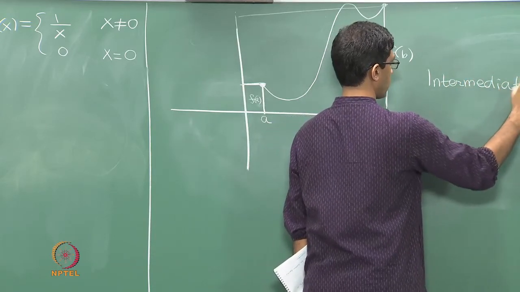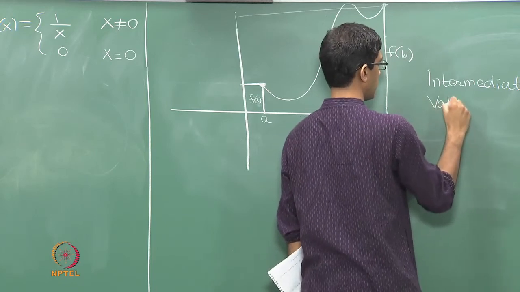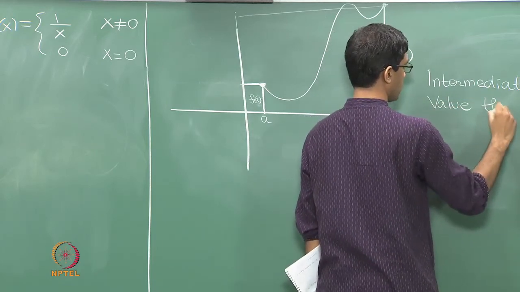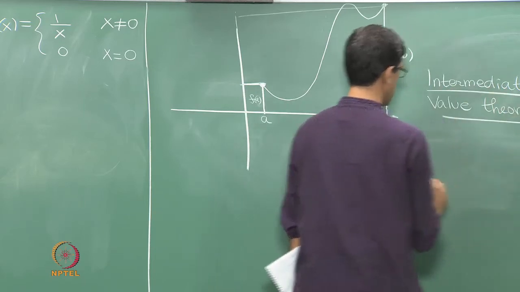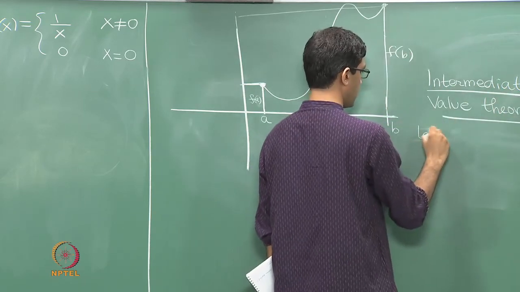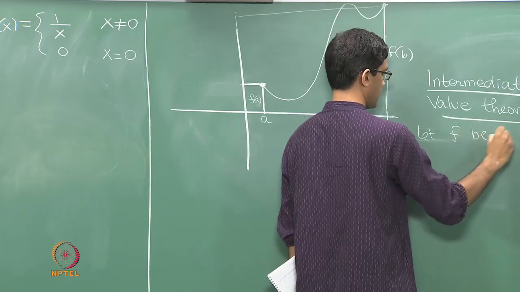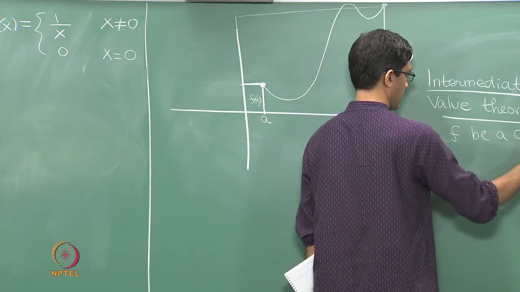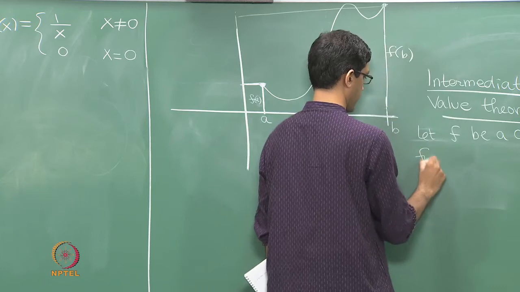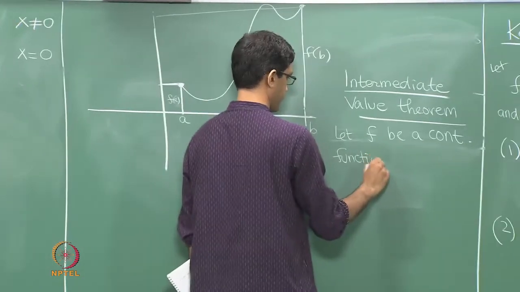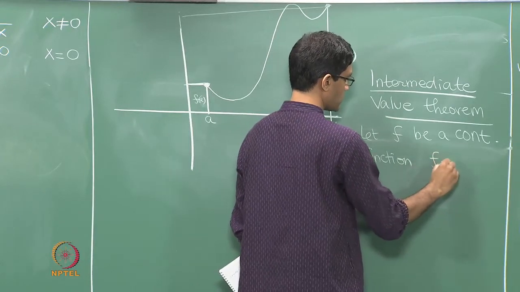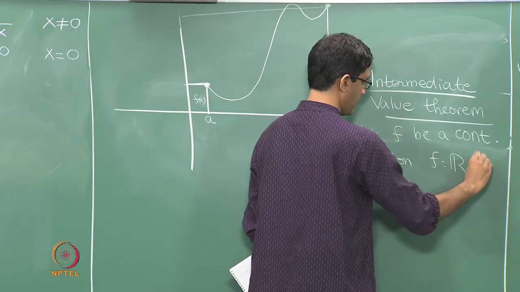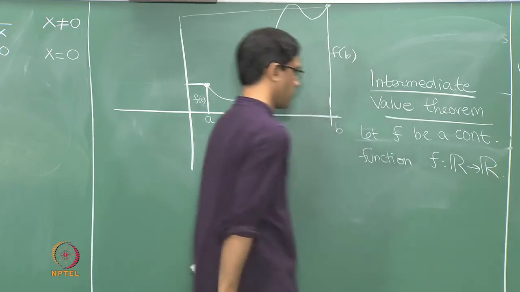So let me formulate this. It's called the intermediate value theorem. It says that, let f be a continuous function from the real numbers to the real numbers. In some sense you really only need it on the interval ab, but for now let us not worry too much about this.